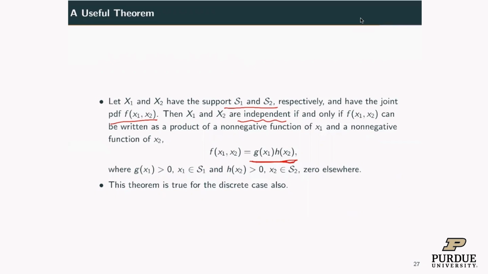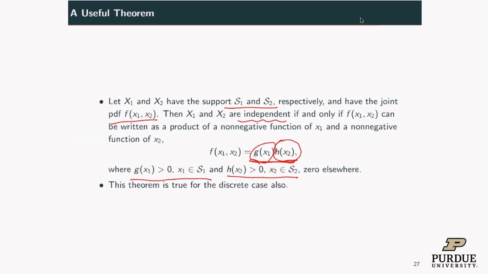One function is only a function of x1. Another function is only a function of x2. So you do this kind of separation. Then this is true. g(x1) is greater than 0 when x1 is in the support of x1. h(x2) is greater than 0 when x2 is in the support of x2.